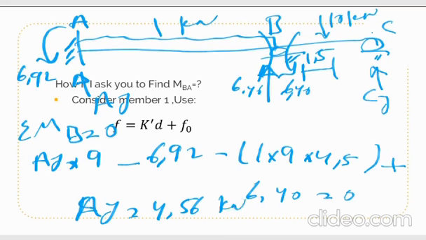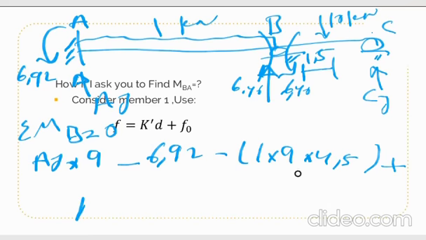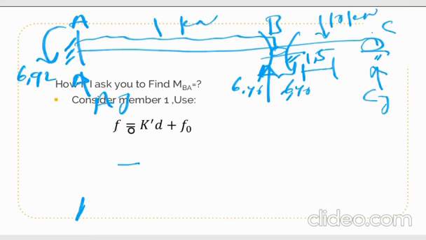Then finally, how can we find the reaction at point B? It is easy, just by summation of forces in the y direction equals 0.